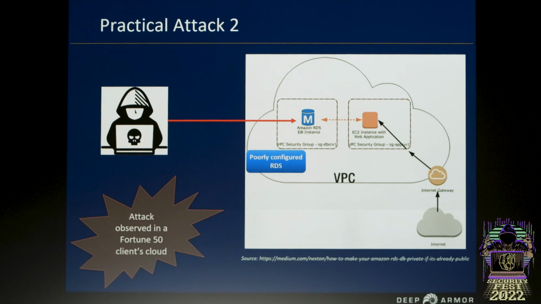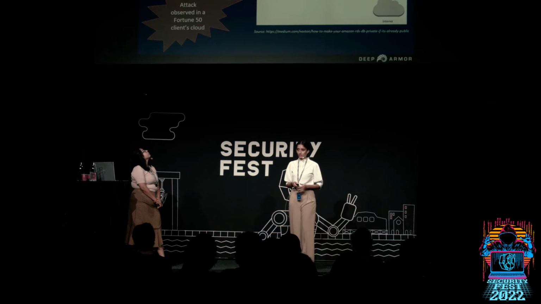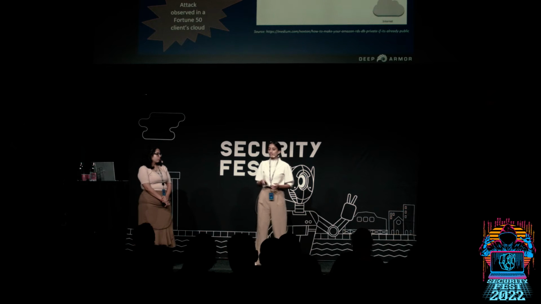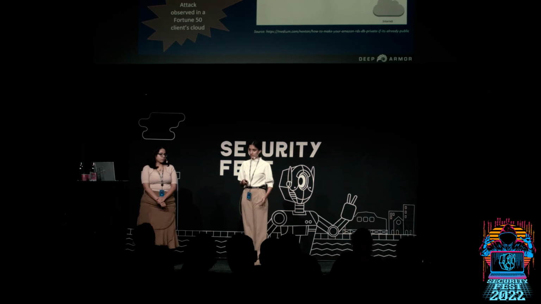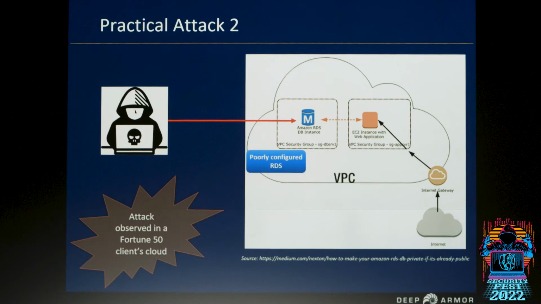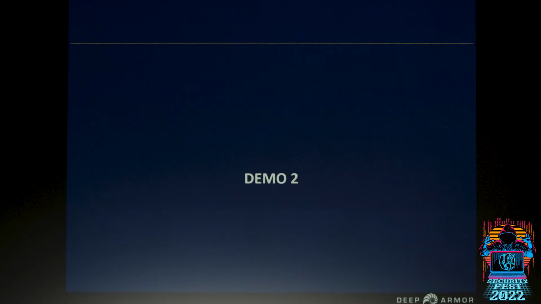Now, if it is poorly configured, the attacker can easily get access to the information or the database present in your RDS instance. Let's look into exactly how. This attack was actually seen in a Fortune 50 client.